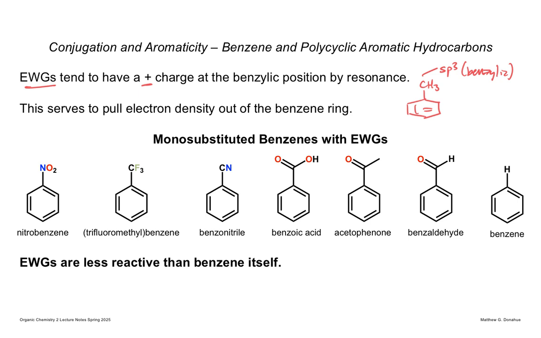So notice the way that this slide is organized. We have benzene on the right. And as you put these substituents on, they react slower than benzene in terms of the rate. The first three to the left all have carbonyls. Then you have the nitrile, then CF3, and then NO2.